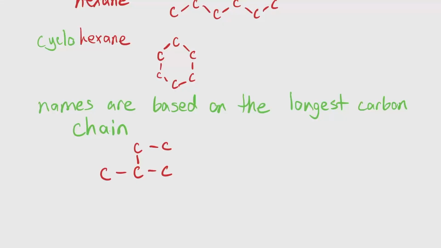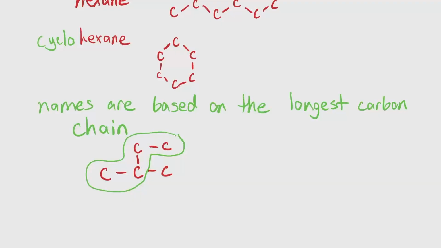So we've got a branched structure. We have only single bonds, so it's going to end in ane. What's the longest chain of carbons that we can make? How many carbons can we chain together? 4. 4 is the longest that we can have. Instinctively, we might read, oh, 3 carbons. Prop is for 3, so we'll call it propane, and then we'll figure out what this additional group is. But it's actually longer to count it this way.